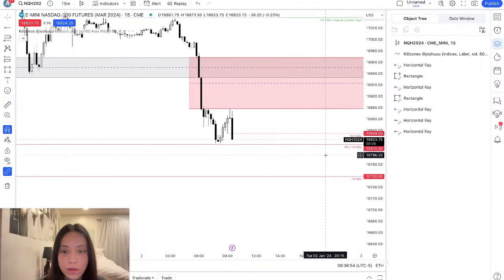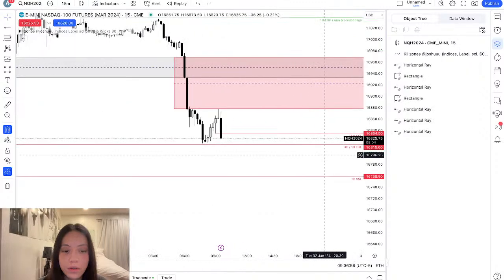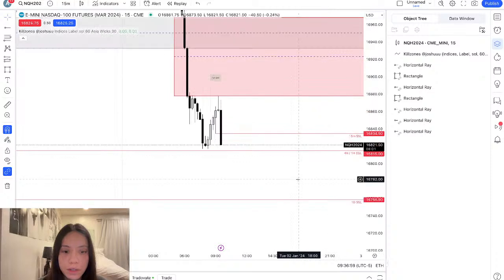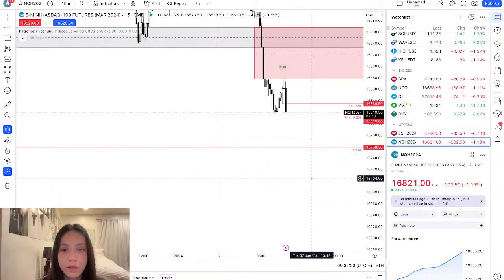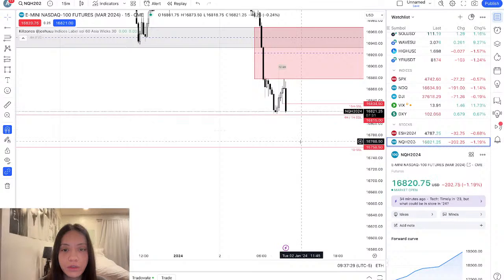Okay, so on the 15-minute, it looks like we're taking out the 4-hour and 1-hour equal lows on NQ. Since I'm bullish, I want to see a reaction upwards to shift market structure.